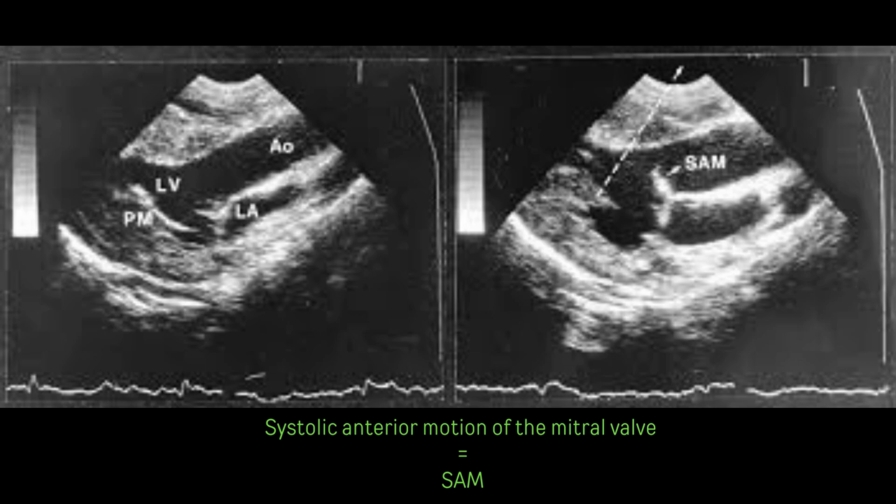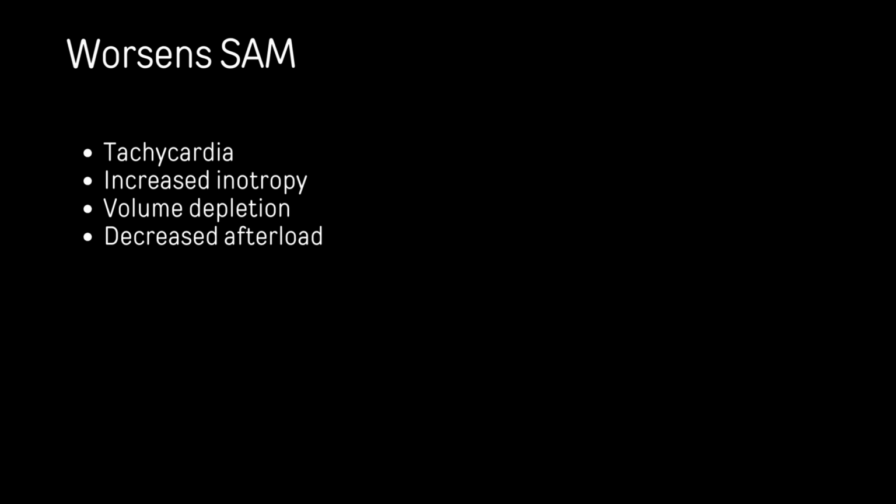When you've got a really hyperdynamic heart, the mitral valve flaps up, and as the heart contracts, it pushes the mitral valve into the outflow tract. So then you get obstruction. So they actually get left ventricular outflow obstruction. Normally we see this with hypertrophic cardiomyopathies, but in the critical care environment, you see this also.